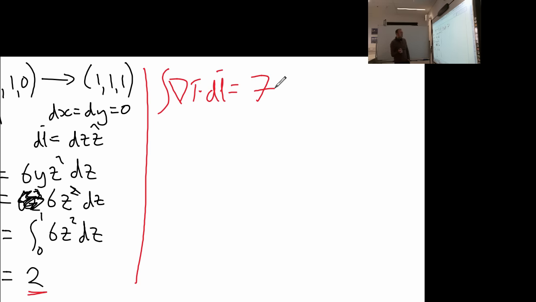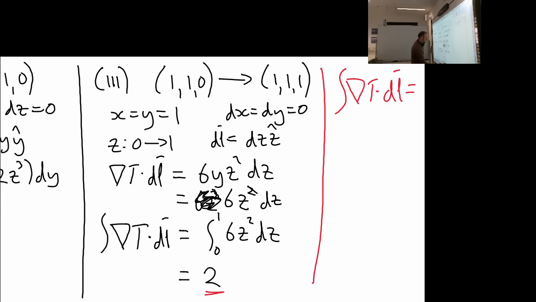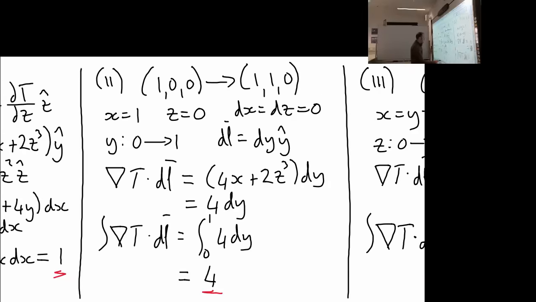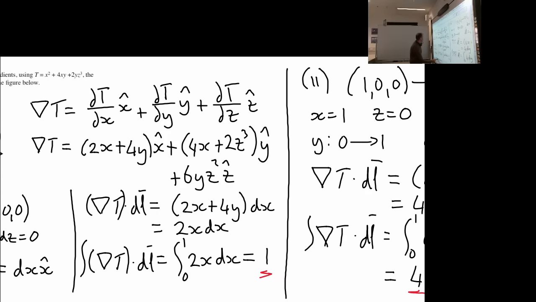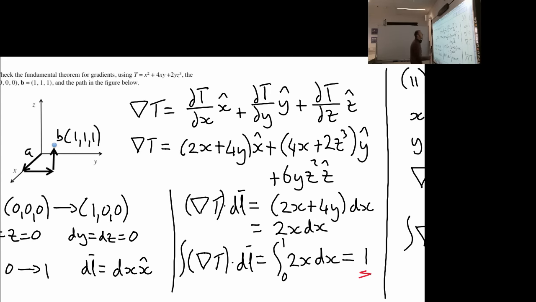Okay, now what we want to see is if this is equal to the difference of the values at the endpoints. So let's go back to our expression. Now what we want to look at is T of B minus T of A. Remember B is equal to 1, 1, 1, A is equal to 0, 0, 0, so at A we're going to get 0.